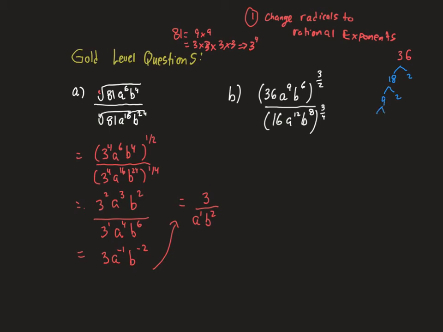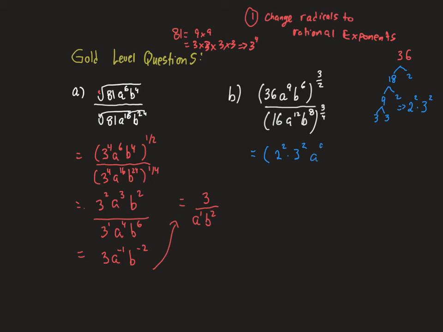And I know that 9 can be divided by 3, which will give me 3. So by prime factorization, I have 2 squared times 3 squared. 2 squared is 4, 3 squared is 9, 4 times 9 is 36. So using that, I'm going to go in here and change my 36 into 2 squared, 3 squared.